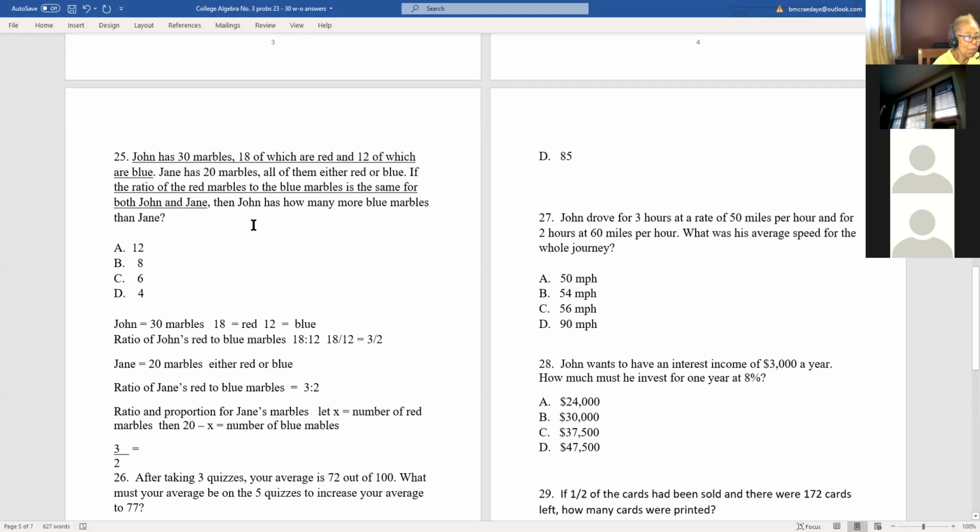So the ratio we have is for red to blue.